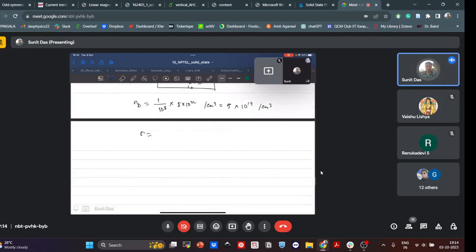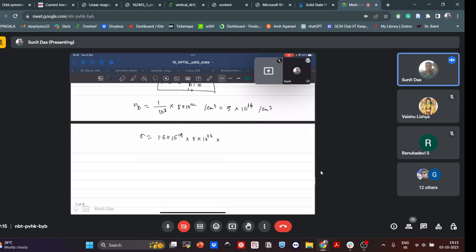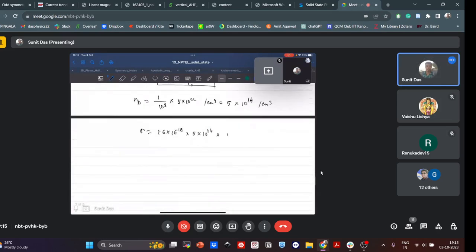Then sigma we can find: electronic charge, then Nd, 5 into 10 to the power 14, and then the mobility of electron, which is 1300.